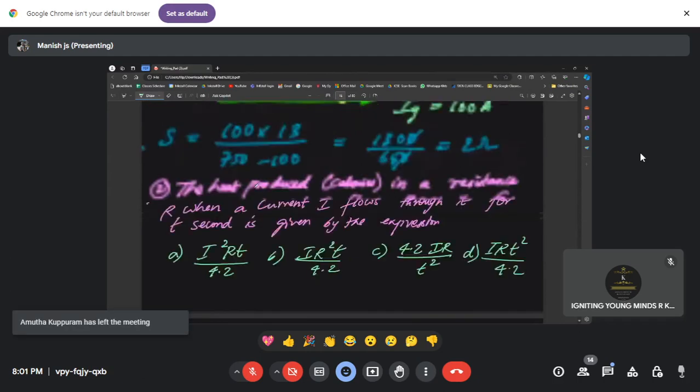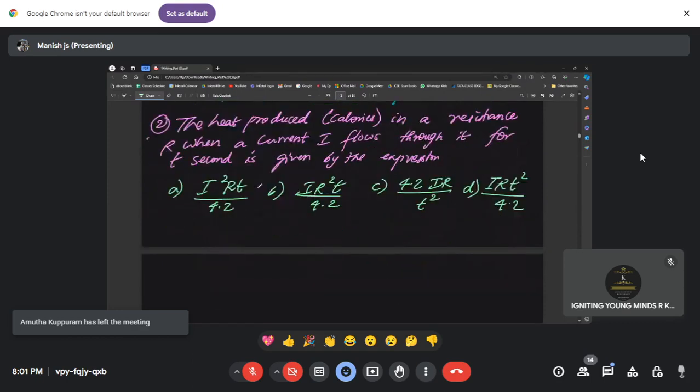So here they are asking you what is the heat produced. They have specifically mentioned that heat is produced in calories. So we try to identify what is the correct expression. What is the general formula for heat? I square R t. So I square R into T is the general formula.